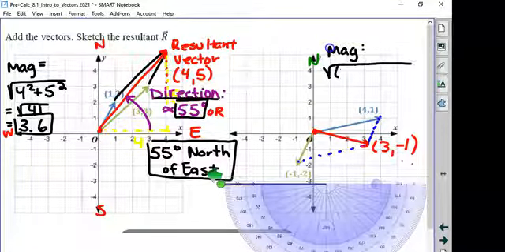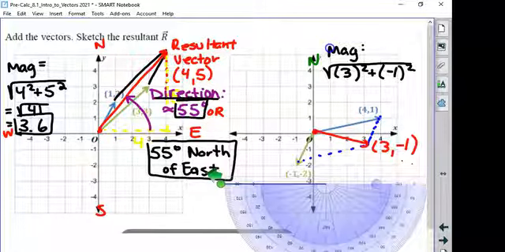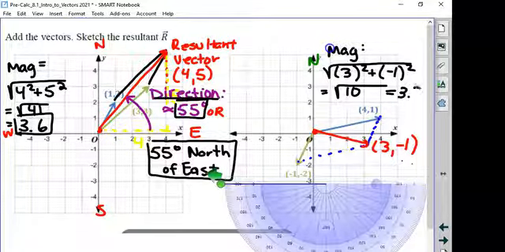So I can just take that 3 and the negative 1 or the positive 1, it doesn't really matter. 9 plus 1 is going to be 10. And if we do the square root of 10, we get about 3.2. Okay, so that's our magnitude. That's the length of the vector.